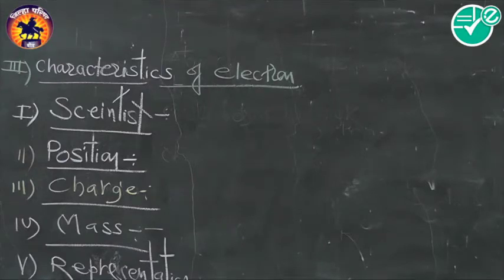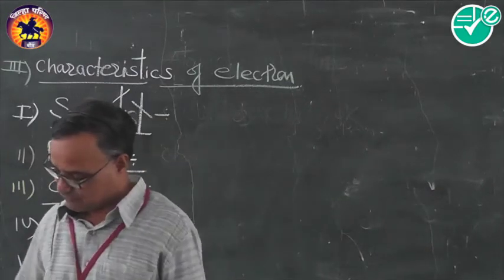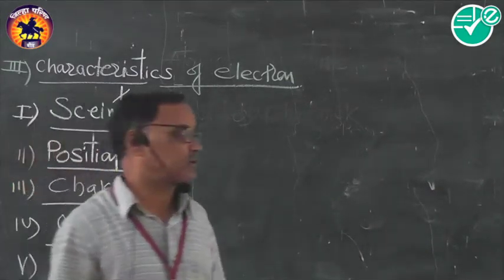The characteristics of electrons can be distinguished from protons and neutrons in the following 5 points.